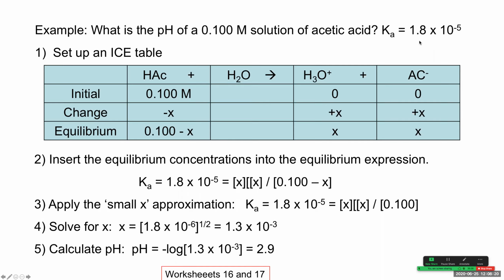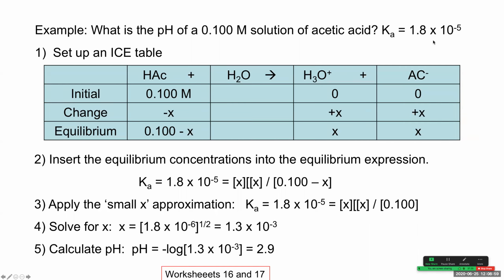But here's a trick we're going to use in these kinds of calculations. If the equilibrium constant Ka is really small, the book says that if the concentration we start with, the 0.1, divided by 1.8 times 10 to the minus 5, is greater than 1,000, you can use this.